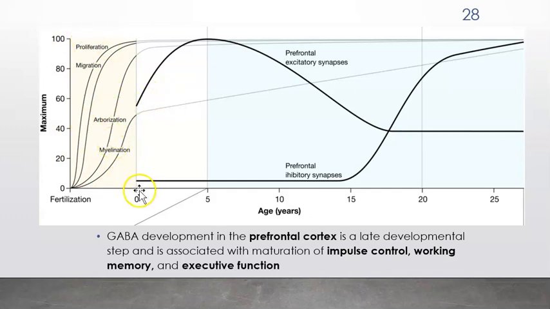But if we just look at the types of synapses we have, you see that when you're born, almost the majority of your synapses are going to be excitatory. And we actually peak at around age 5. That's the age when you're going to have the most excitatory synapses you'll ever have throughout your entire life. From there, we start to prune them down.